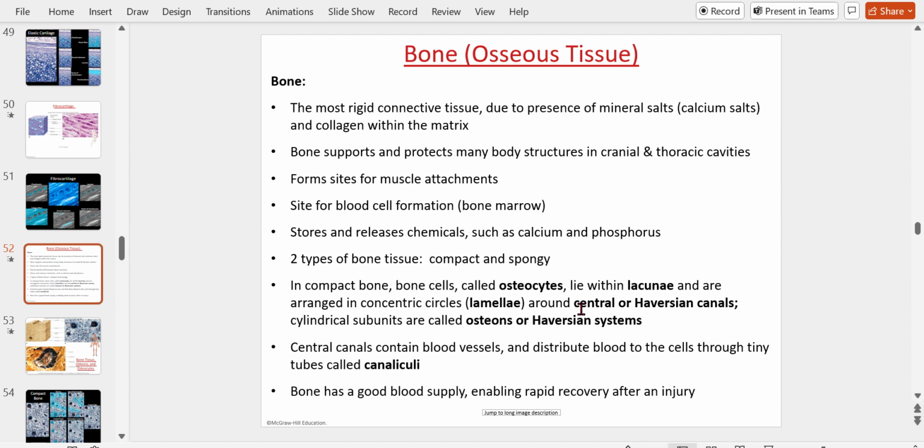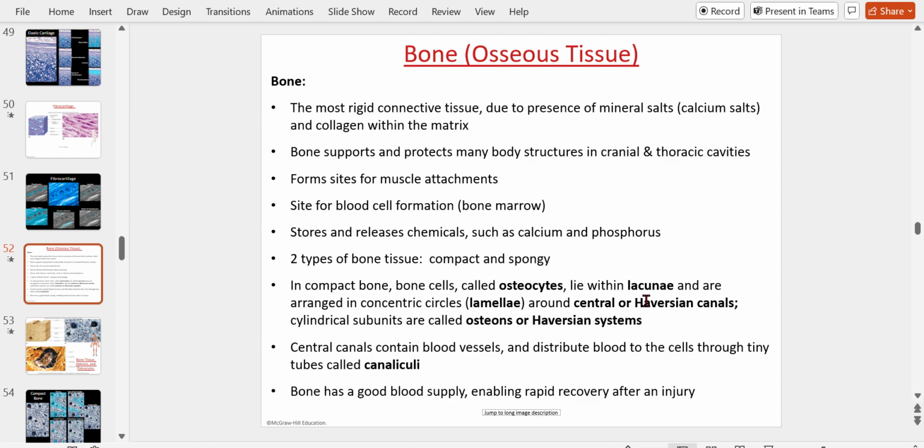In compact bone, the cells are called osteocytes, and they lie within the lacunae and are arranged in concentric circles called lamellae, almost like tree rings, all around a central or Haversian canal, which we call an osteon. Central canals contain blood vessels and distribute blood to the cells throughout tiny tubes called canaliculi.